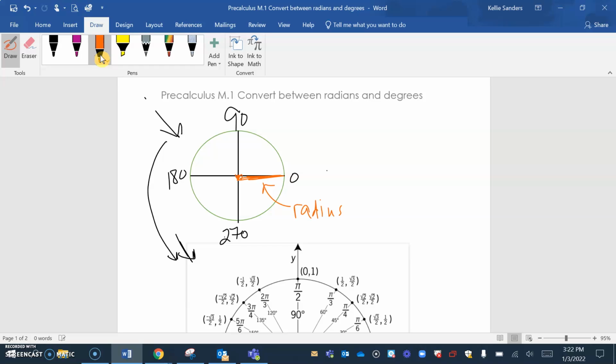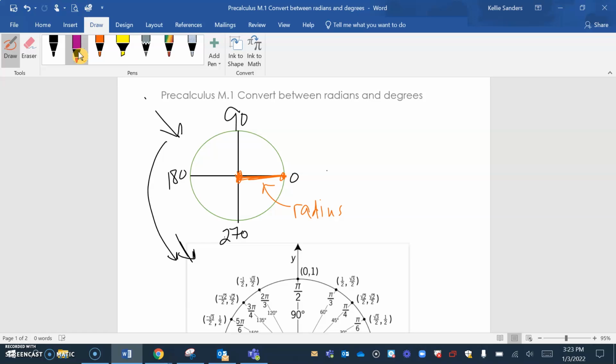Okay? And if I had a piece of string and I put one end of the string here and stretched it out and cut it off where we make the circle, then that's how long the radius is, right?